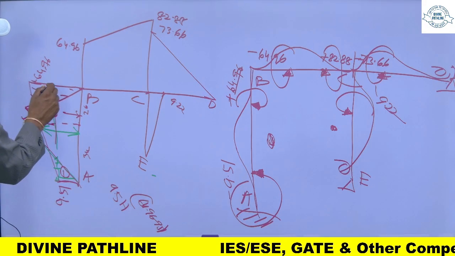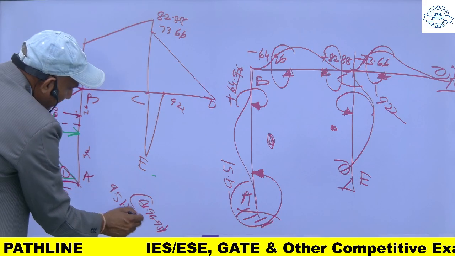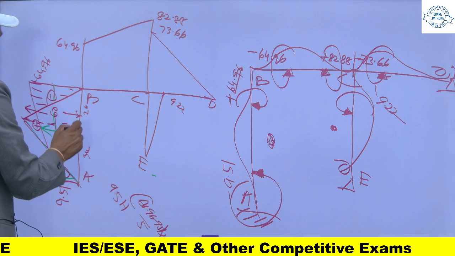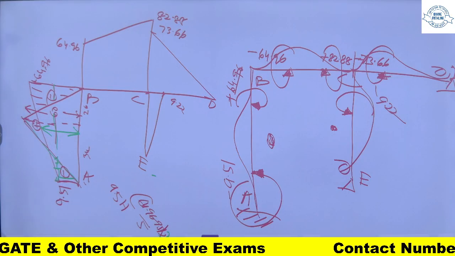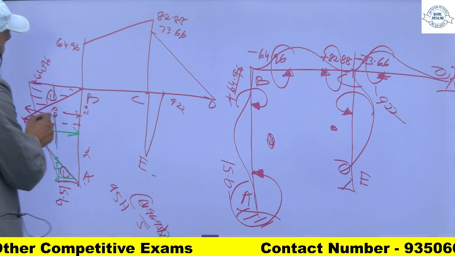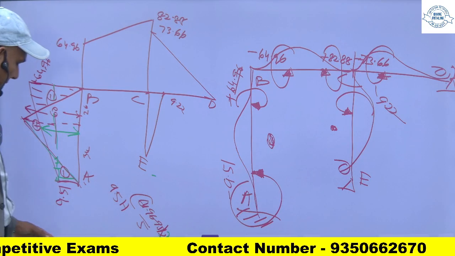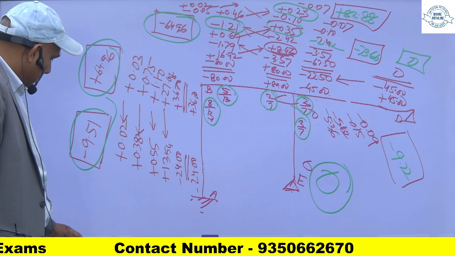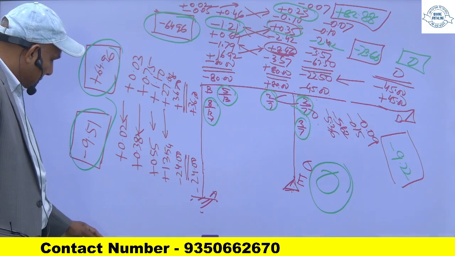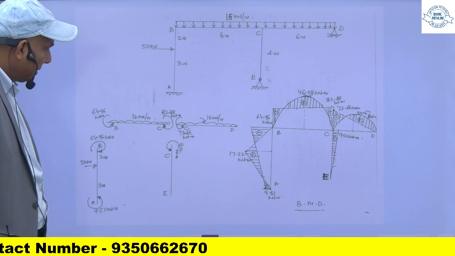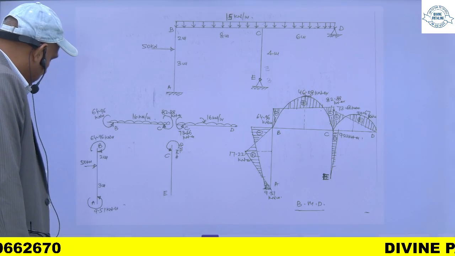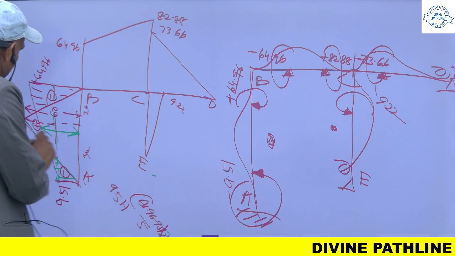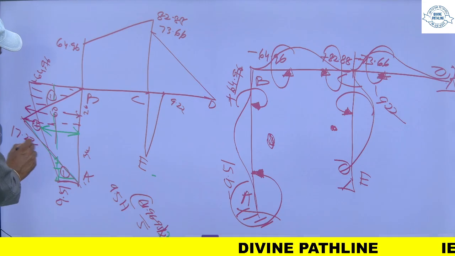So this divided by this length 5 into this 3, you will get this one, and this when you subtract from 60 you will get this one, and this will be 17.22. It is 17.22 kilonewton.